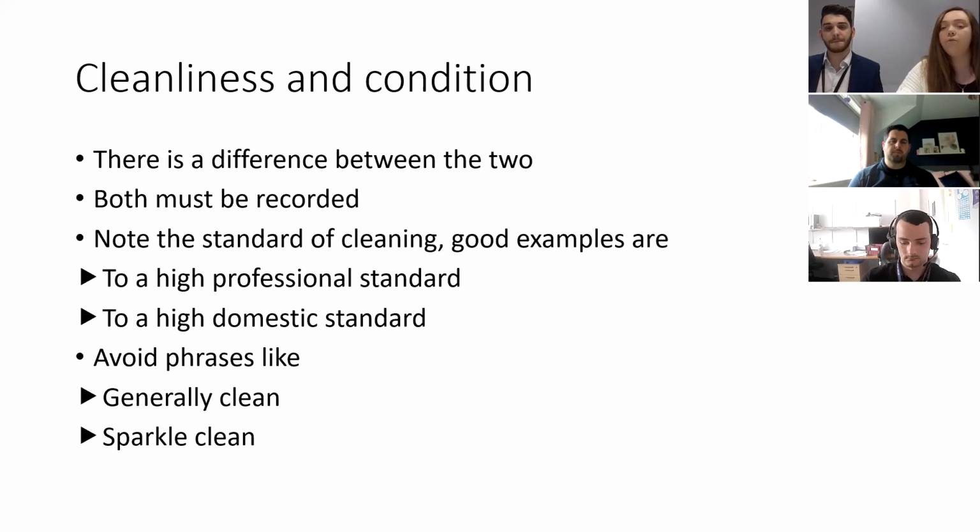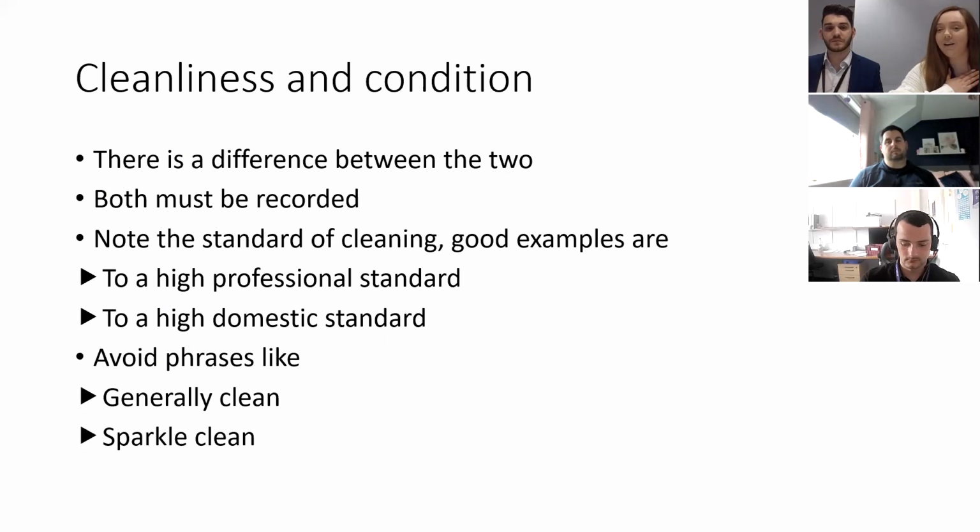Now, there are phrases that we like and there's phrases that we don't. The phrases that I like to use are "to a high professional standard" and "to a high domestic standard". They're very good to use within your inventories, and the adjudicator knows exactly what that means, and it leaves less room for interpretation. Try to avoid phrases like "general clean" or "sparkle clean", because realistically, who actually knows what they mean?